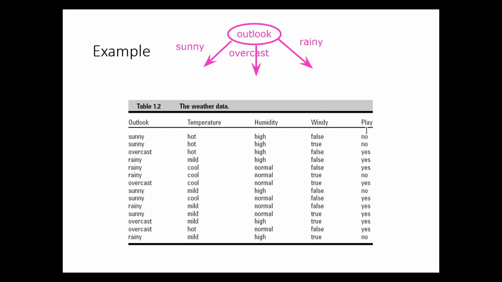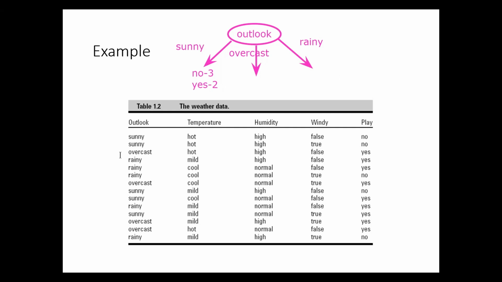Then look at each attribute value. For example, for sunny, the first value will be no, the second one will be no. So you can count how many times yes and no appear: sunny no, again sunny no, then sunny yes, sunny yes. So there are 3 instances of no and 2 instances of yes. This is how the values are separated for outlook when the value is sunny.